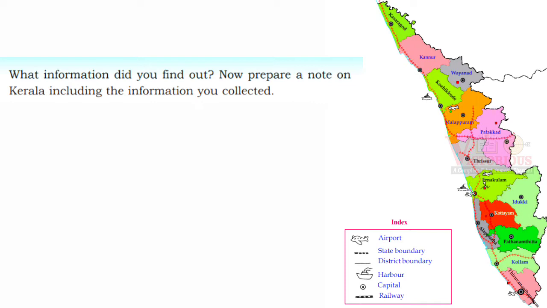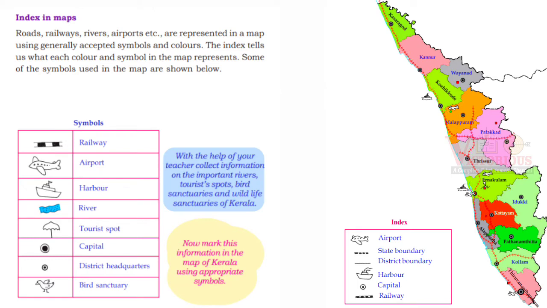Okay friends, then you look at the index in maps. Roads, railways, rivers, airports, etc. are represented in a map using generally accepted symbols and colors. The index tells us what each color and symbol in the map represents. Some of the symbols used in the map are shown below. We already discussed the symbols.